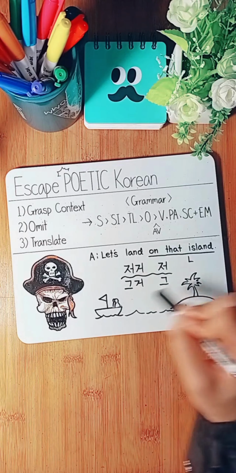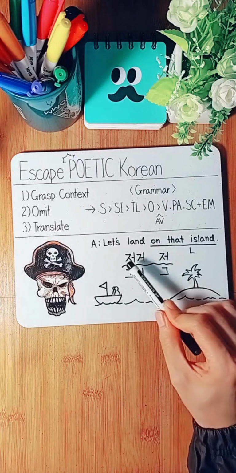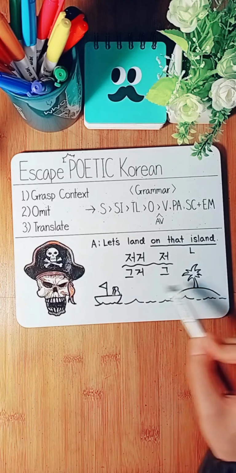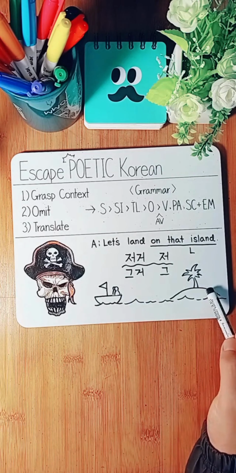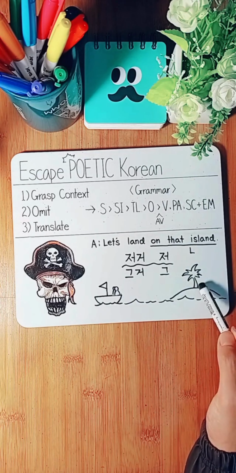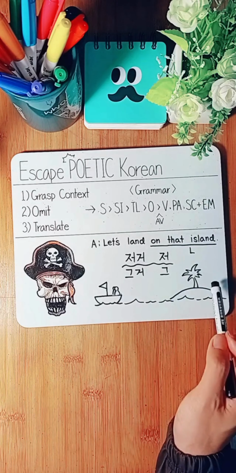So, yeah, I believe because of that, it's a perfect situation for us to use a version that starts with J, 저거 or 저, because as you can see, if we're on a ship and we're looking at an island that's far away, I don't think we can say that that island is significantly closer to A or significantly closer to B either.